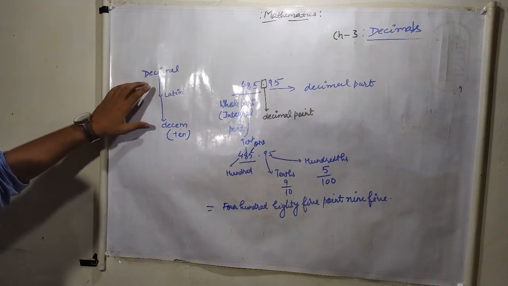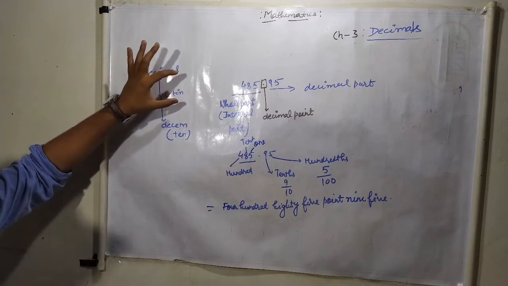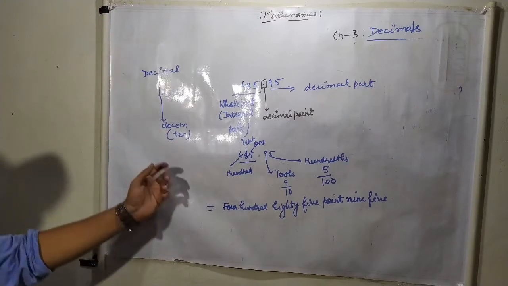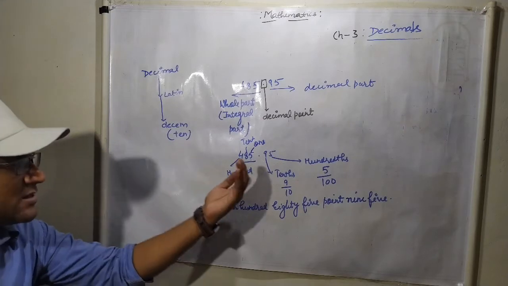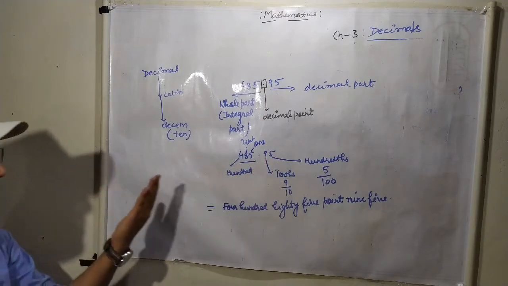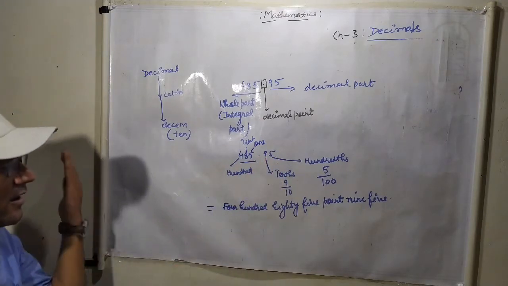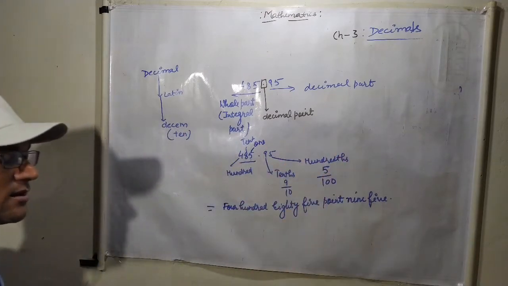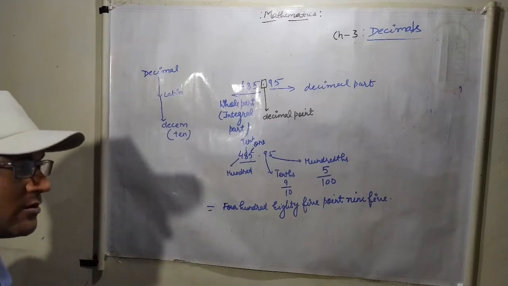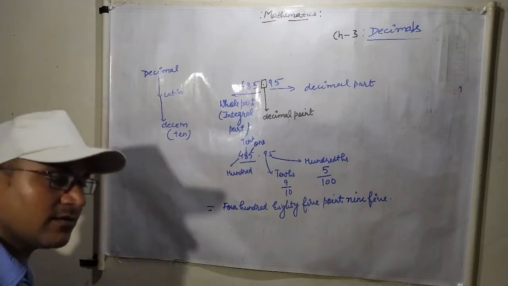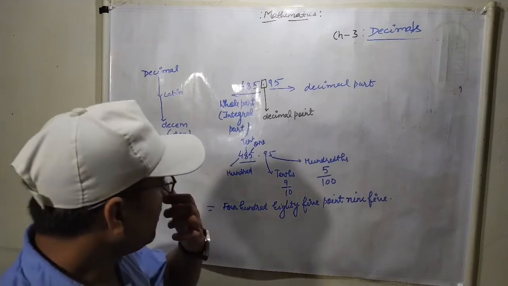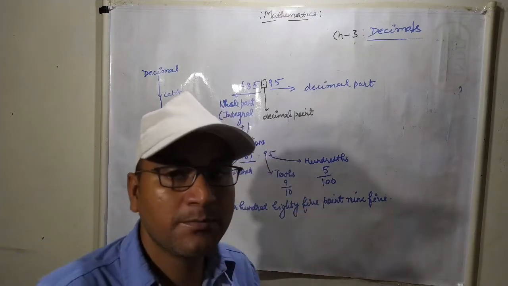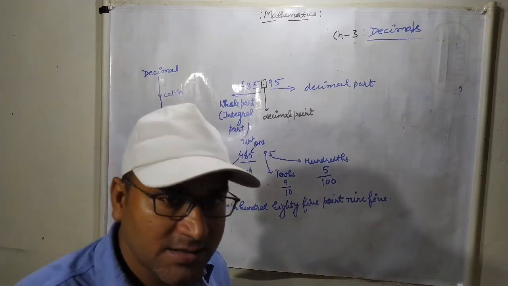Decimal is derived from the Latin word decim. Its meaning is 10. It means if we are moving from right to left, it is 10 times bigger, and if you are moving from left to right, the value decreases by 1 upon 10. It is 1 upon 10 times. Okay, students. So if there is any problem, students, please ask.